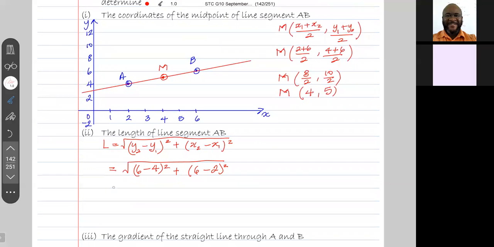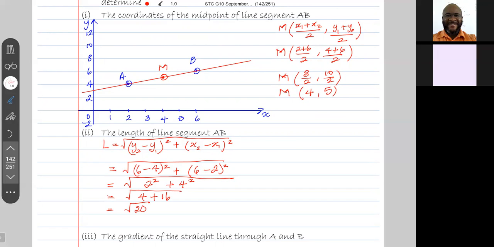So this becomes the square root of 2 squared plus 4 squared. This is the square root of 4 plus 16. This is the square root of 20.